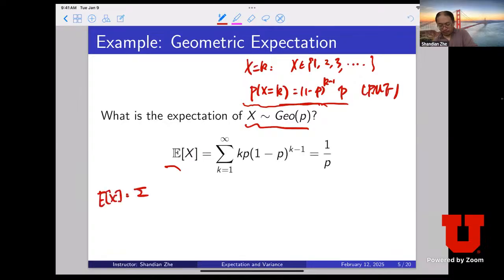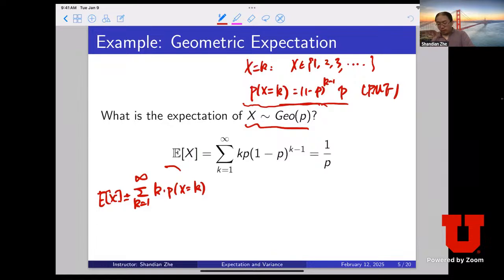So that means your expectation will be a summation from 1, the minimum value you can take, to infinity. For every possible value, you need to weight it by the probability that the random variable X takes that value. That's the definition of the expectation. Does it make sense?